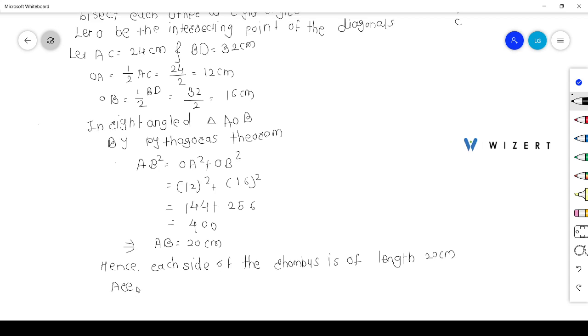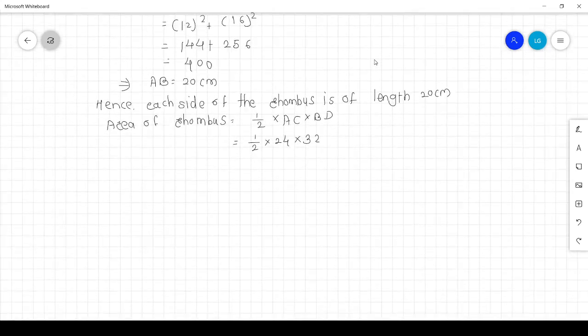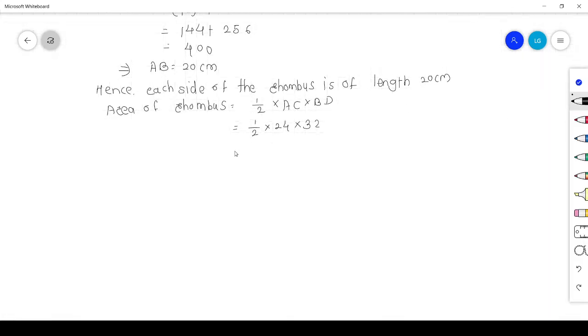Now, area of rhombus is given by 1/2 AC into BD. So 1/2 into 24 into 32. So here it will be 12 into 32.